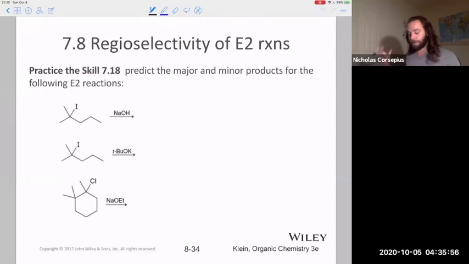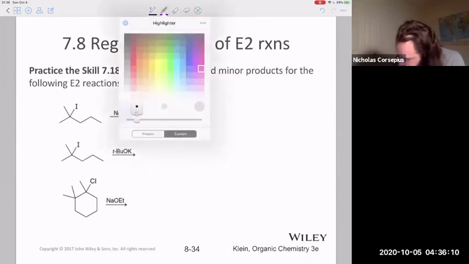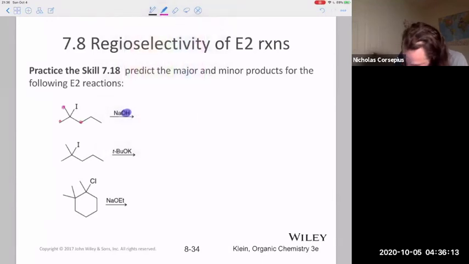Okay, so then let's just go through a few examples here. What do we have to consider? So again, when we have a hydroxide, that's a strong base, but it's nice and tiny. So looking at our different possible beta carbons, we would expect to just get the more highly substituted, or that Zaitsev product.